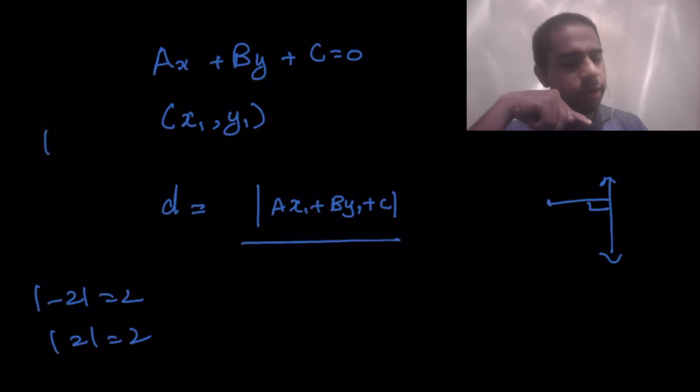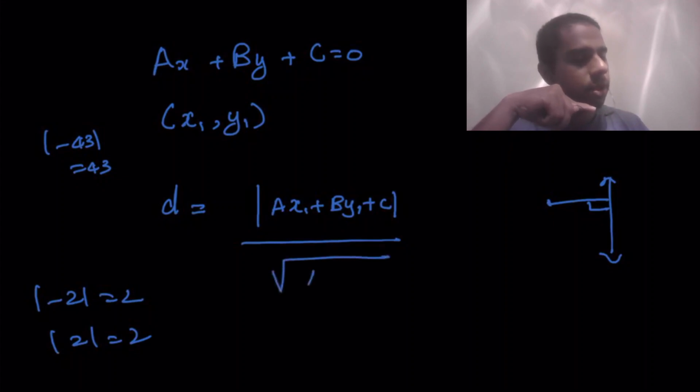For example, the absolute value of -43 is 43. That's because distance is always positive; distance can't be negative. So d is this divided by the square root of a squared plus b squared.